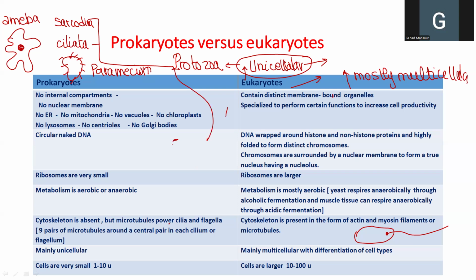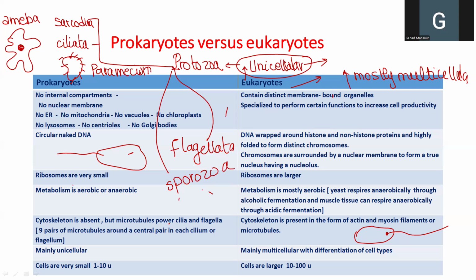We also have class Flagellata, where we have flagellated organisms. As we mentioned before, we have this trypanosoma, for example, that is a flagellated unicellular organism. And then we have the fourth class, which is the sporozoa, that can form spores like Plasmodium malaria, for example. And we have studied Plasmodium malaria before.